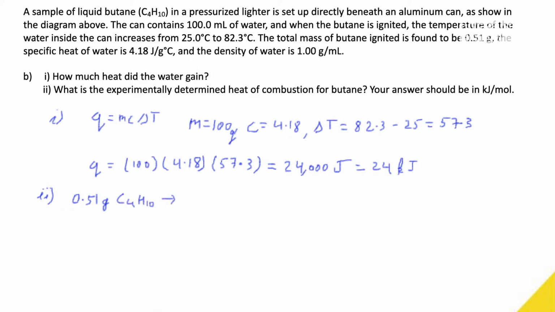This is going to translate to, now I need to find the number of moles of butane. So this will be 0.51 grams over 58 grams per mole, which is equal to 0.0088 moles. Okay, this is moles of butane.